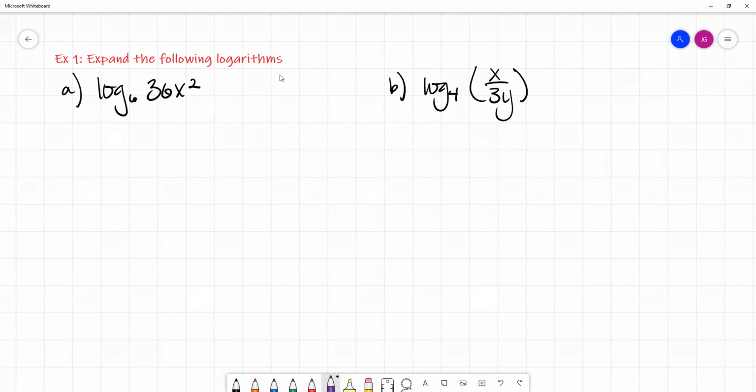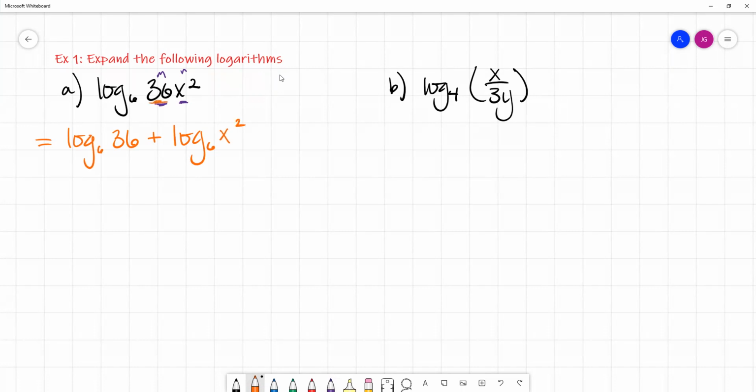So if we look inside, the kind of first thing that jumps out at us is that we have 36 times x squared. So that's like our m and our n. So immediately we see the product property. And so what we're going to be able to do is rewrite this as log base 6 of 36 plus log base 6 of x squared.